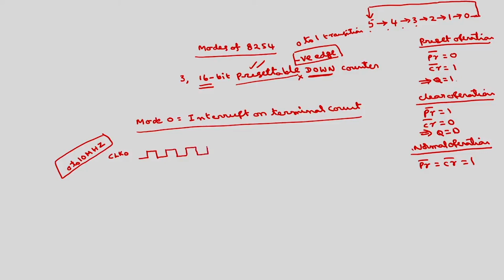This is the ideal clock; the practical clock will have some slopes at the transitions. This is clock 0 of counter 0.